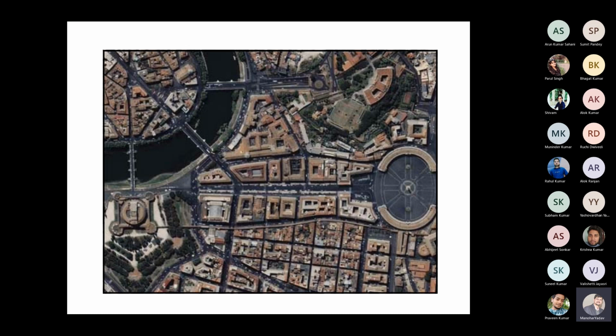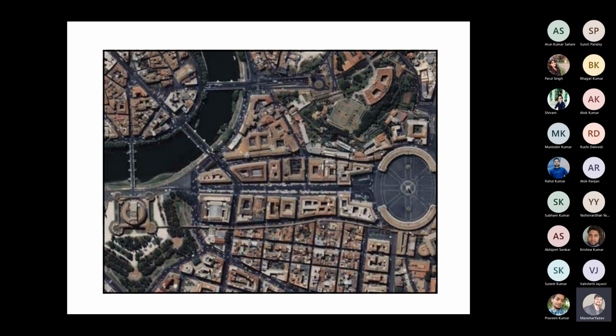Like in this photograph, you can see that we have a water channel, the road network, buildings, grass field, etc. While classifying, we categorize them into the major classes.